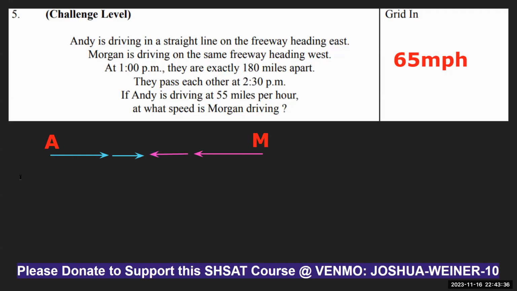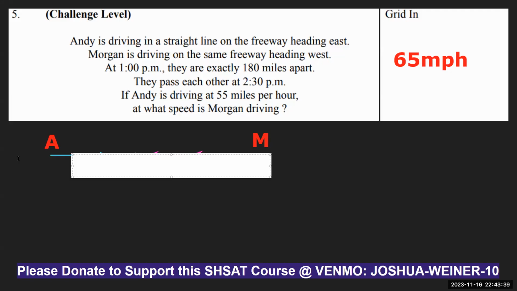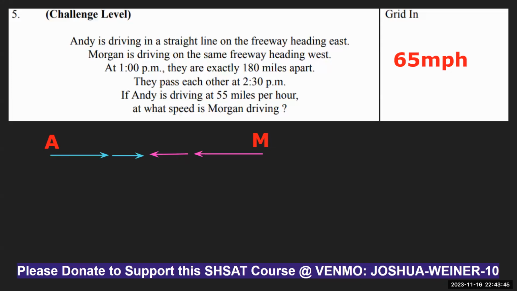Well, we already know Andy's speed is 55 miles per hour. So it's 55. Wait a minute, one different color. Yellow chalk. 55 miles for the first hour, plus, this is 1, and this is a half an hour of travel, so that'll be 55 upon 2.